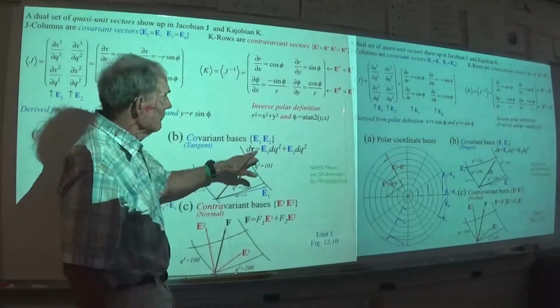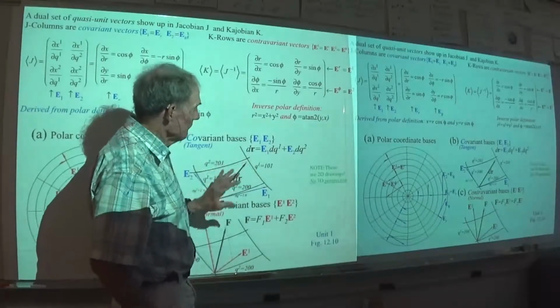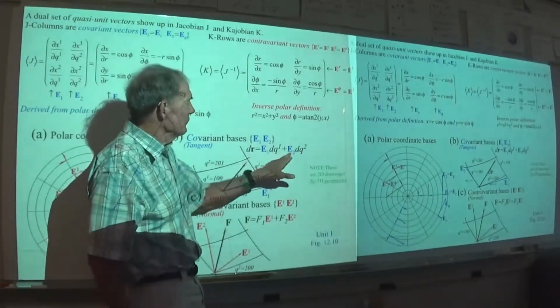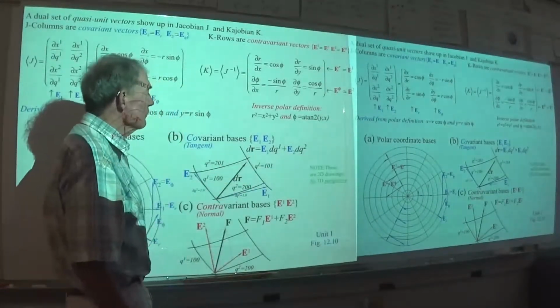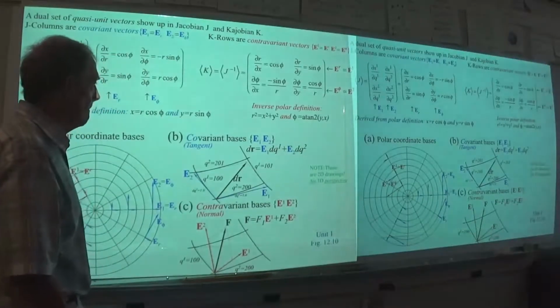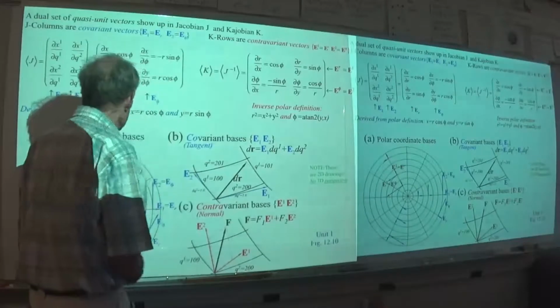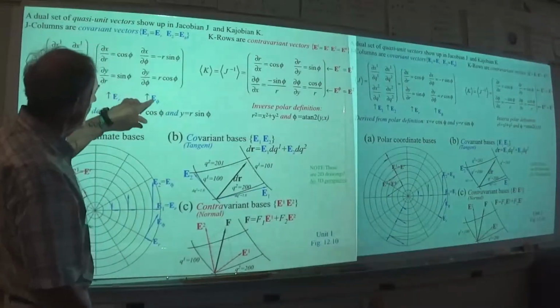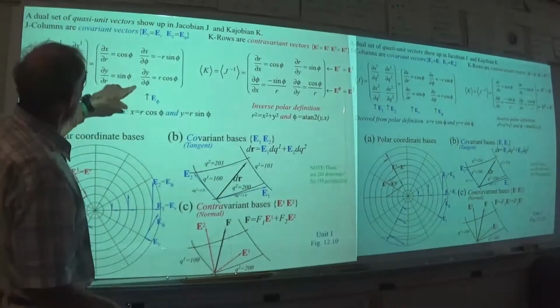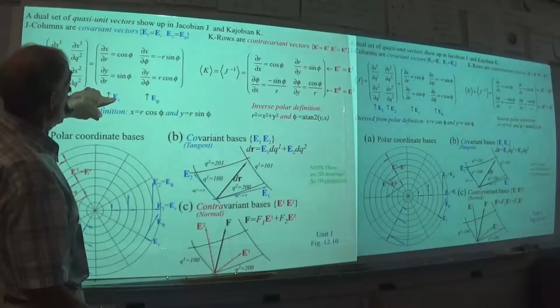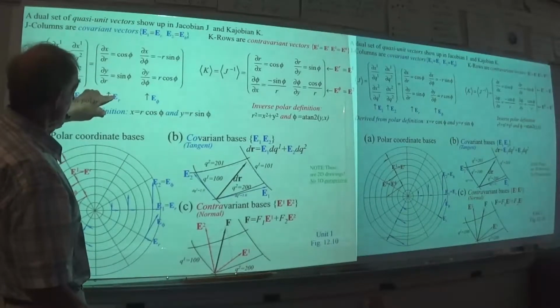But basically all this hand waving about here is based on this relation, the first differential relationship. That is E sub 1 and E sub 2, E sub R and E sub phi over here are each these vectors here.